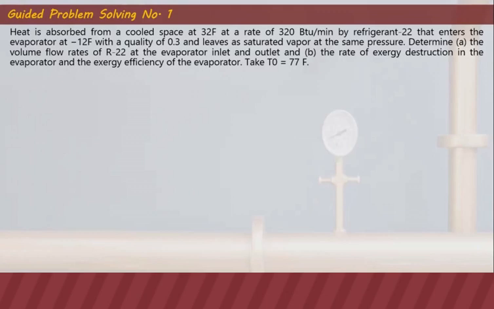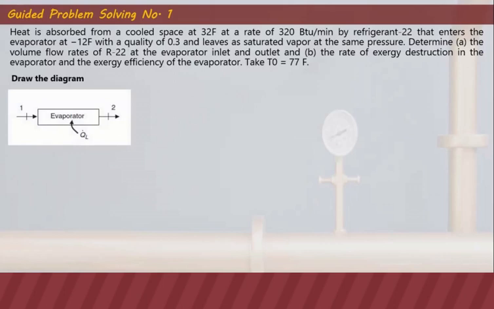Determine the volume flow rates of refrigerant 22 at the evaporator inlet and outlet, the rate of exergy destruction in the evaporator, and the exergy efficiency of the evaporator. We take our ambient temperature to be 77 degrees Fahrenheit.